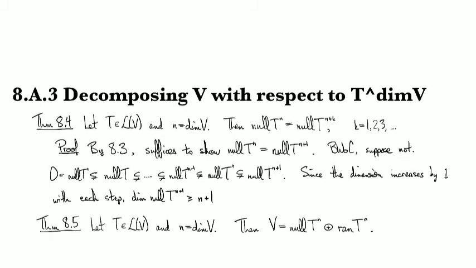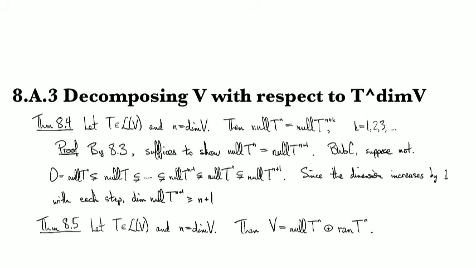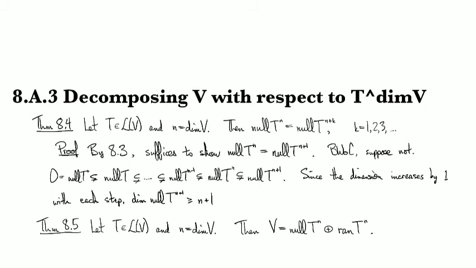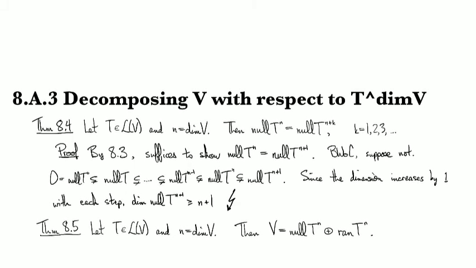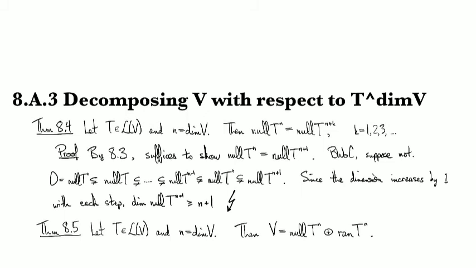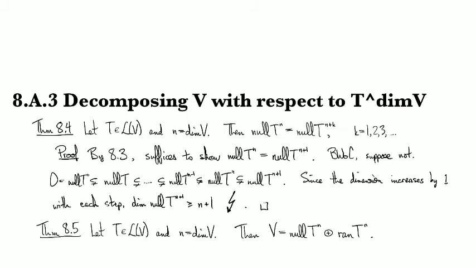So now the null space of T to the n plus 1 has a dimension strictly larger than V, which it's a subspace of, and that is absurd. So there's the thunderbolt of contradiction. And we are done.